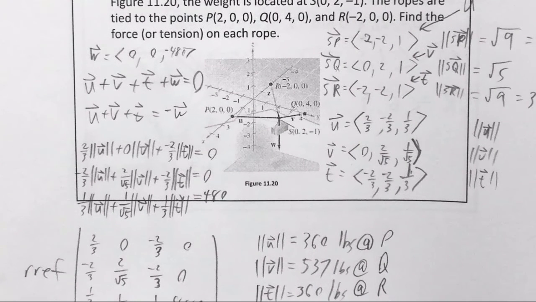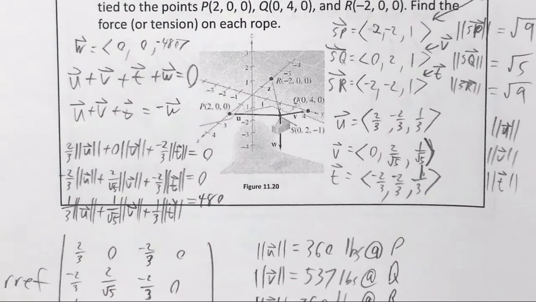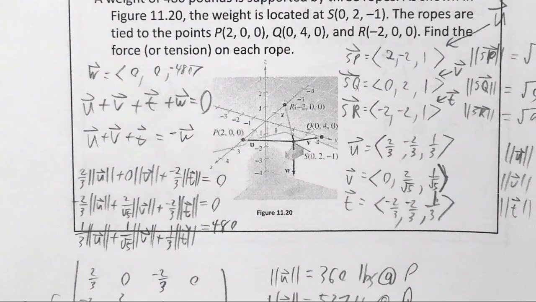Look at these. Actually it makes a little bit of sense, because look at the position. Why would it be the same for both U and T at P and R? Why would the force of weight affect P and R equally?